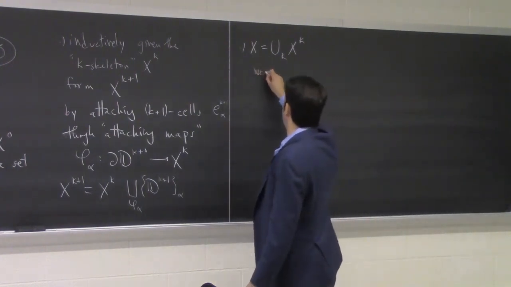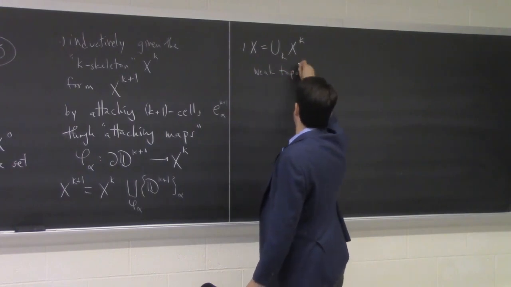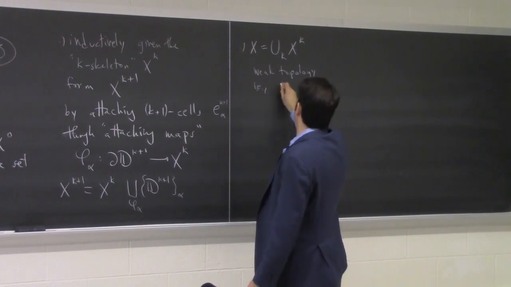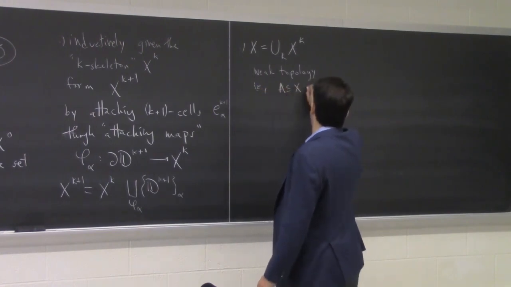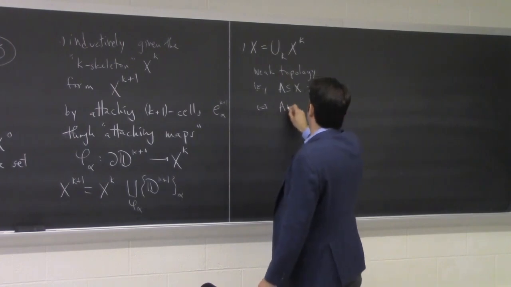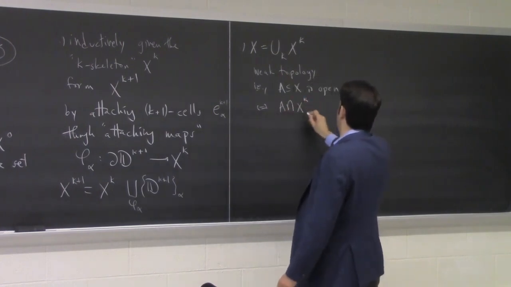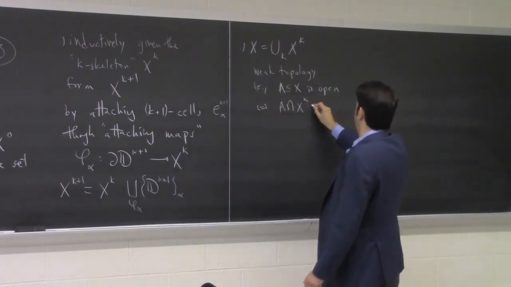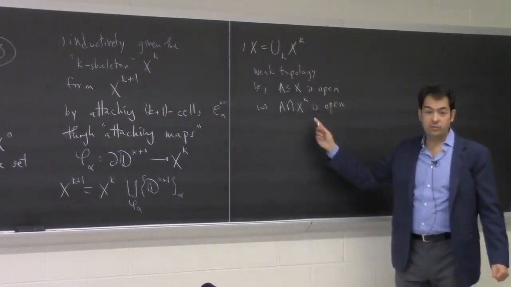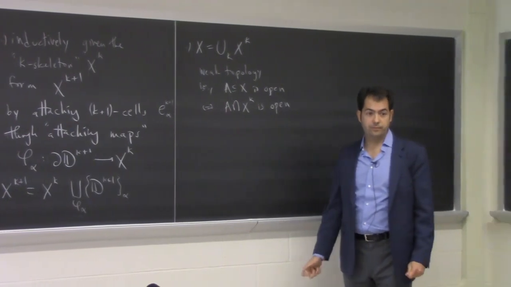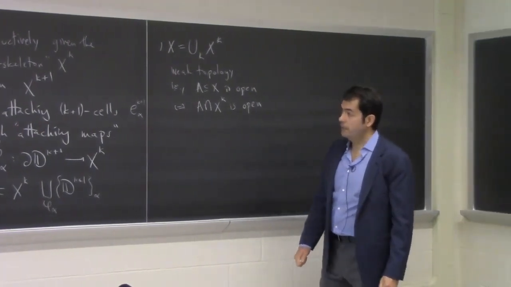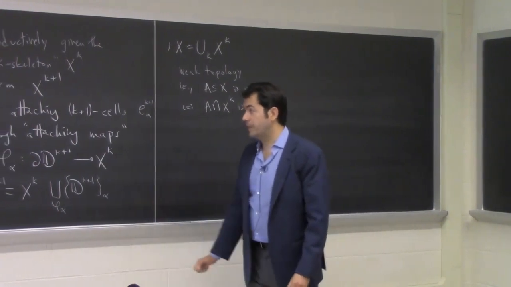We give this the weak topology, meaning that a subset is open if and only if its intersection with each of the pieces is open. Okay, so that's what we mean by a cell complex.